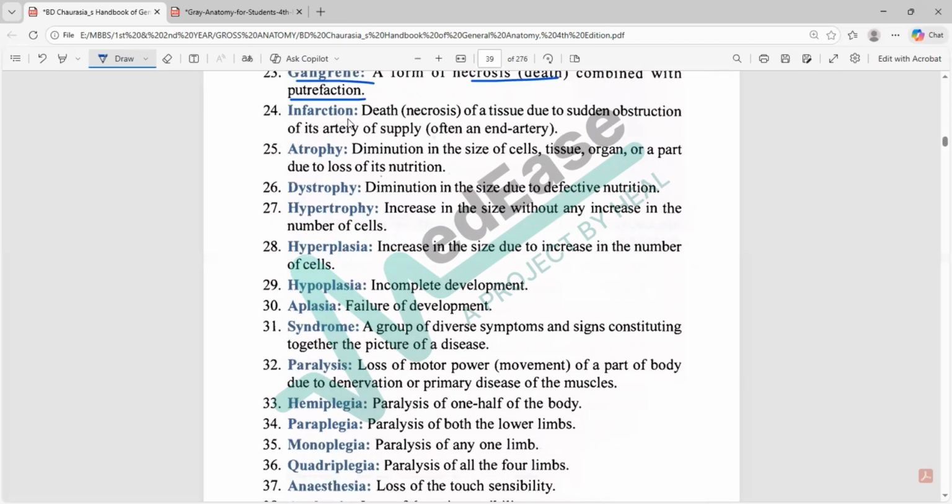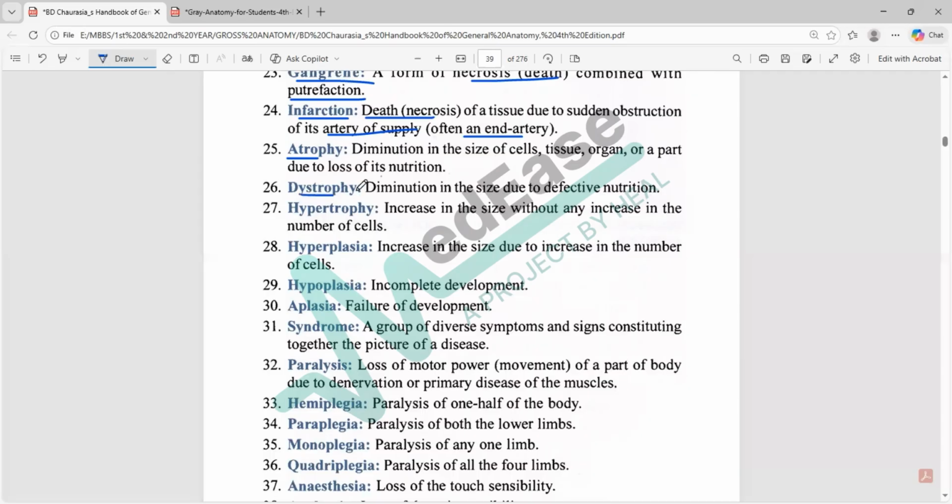Then we have infarction. Infarction means the death or necrosis of tissue because of obstruction of the artery which supplies oxygen mainly. Atrophy means the decrease in the size and number of the tissues because of lack of nutrition or loss of function mainly. Dystrophy is normally a change in the size.